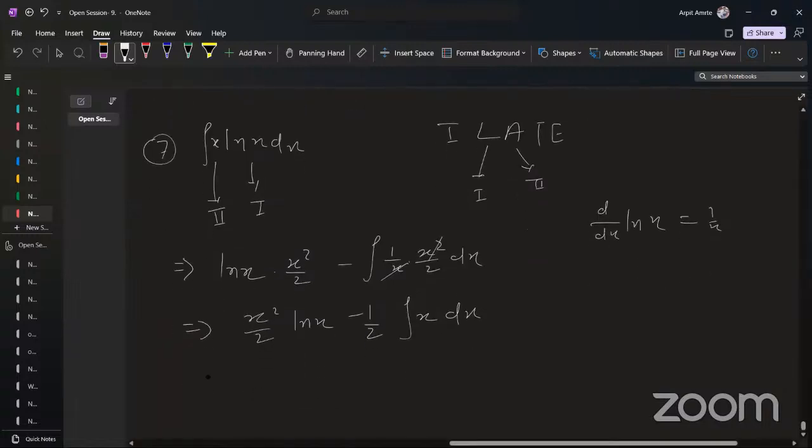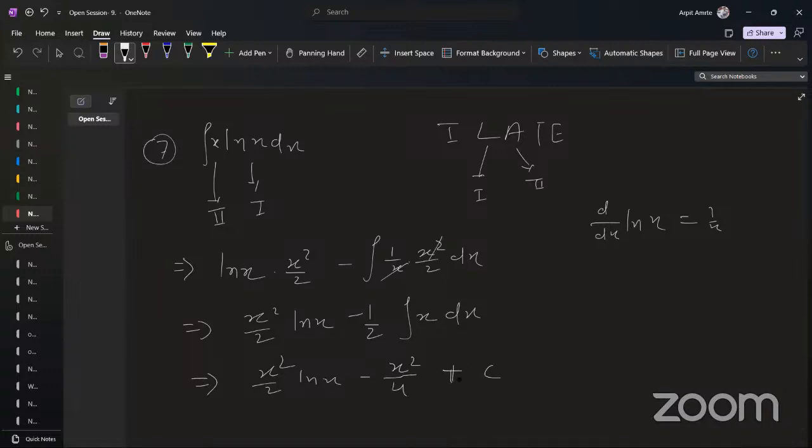So what will it be? x square by 2 ln x minus x square by 4. Got it? Yes, sir.